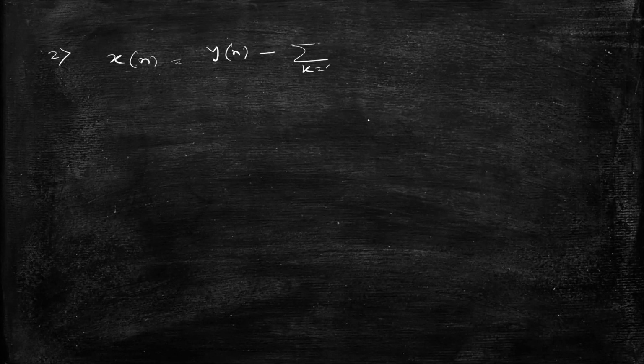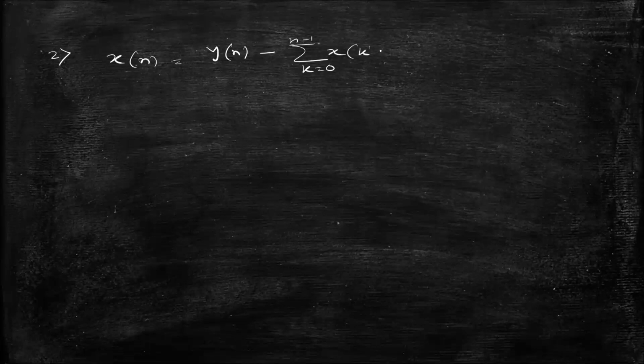Sorry, this is small n. This is n minus 1 of x of k h of n minus k, whole divided by h of 0. That is the formula. I have to put the formula.